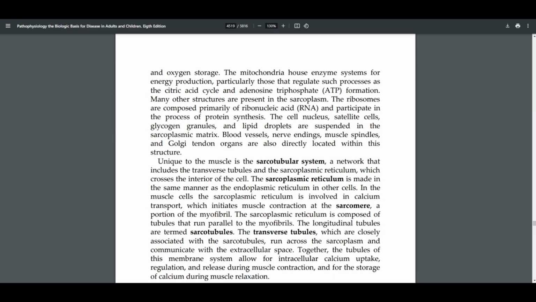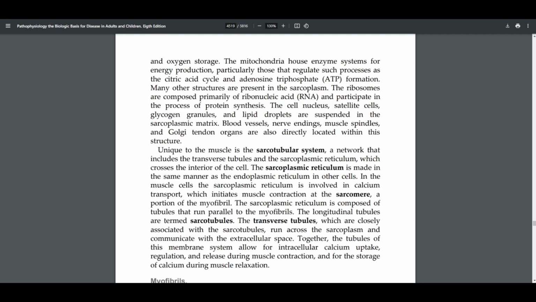The mitochondria house enzyme systems for energy production, particularly those that regulate such processes as the citric acid cycle and adenosine triphosphate formation. Many other structures are present in the sarcoplasm.